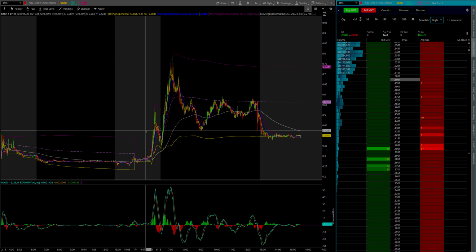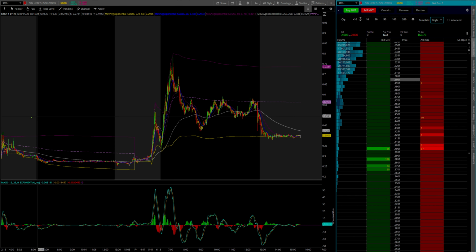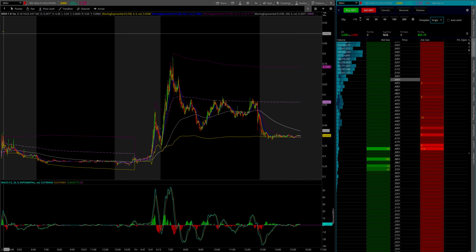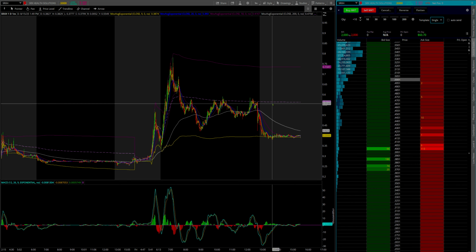You have to have your eyes be able to go from left to right, up and down, and to the corners to be able to look at the different indicators and the different windows. And that's just going to be you.